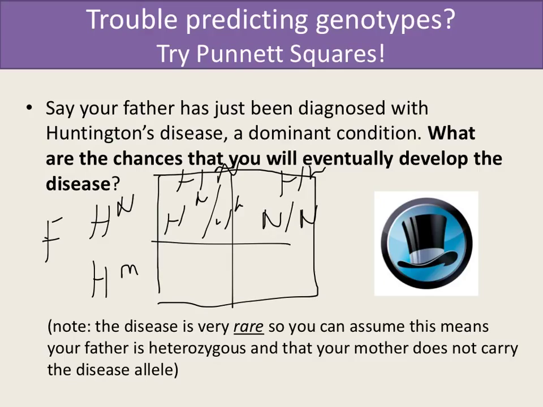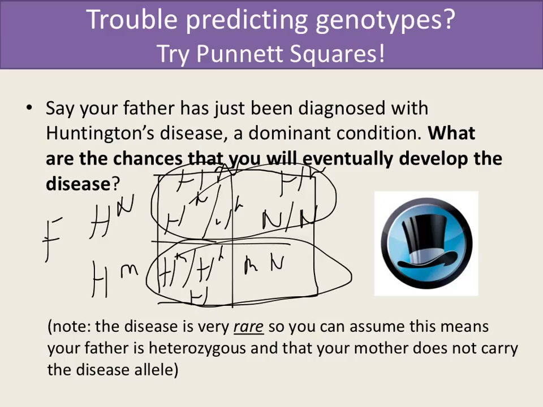And here we'll have HM, HN, that's disease, Huntington's, and the same thing here. So, what we have is 50% normal, and they're not carriers, and then 50% individuals with Huntington's disease.